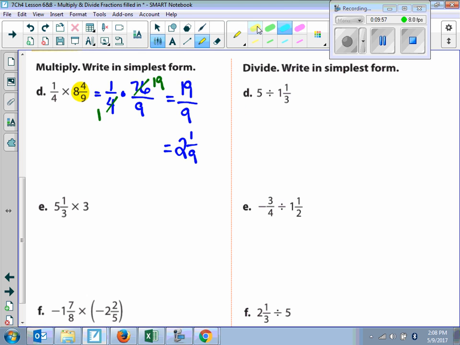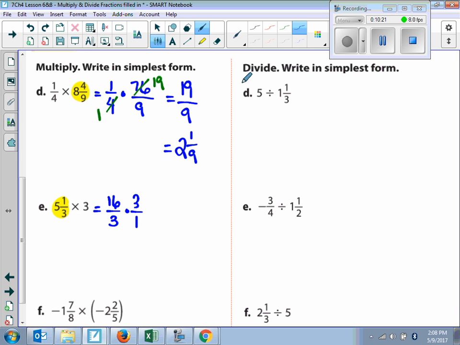All right, so for this example, you are going to change your mixed number to an improper fraction. So 5 1/3 becomes, good, 16/3. And then we're going to multiply times, I'm going to write 3 over 1.